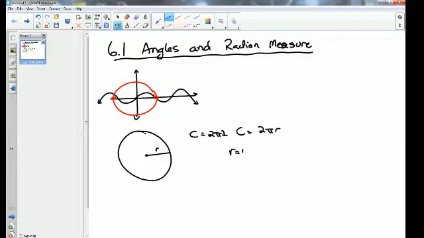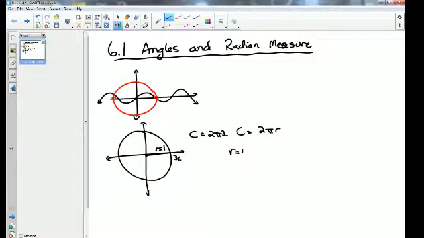You follow? So what circle do we know of that has a radius of 1? The unit circle. So how many degrees are in one revolution of the unit circle? 360.